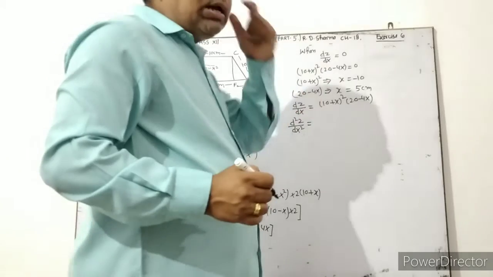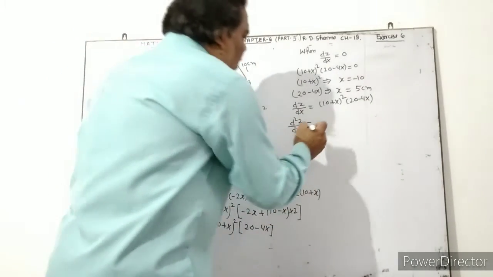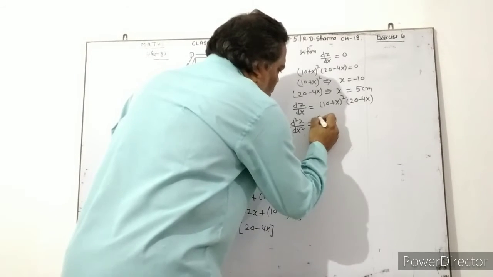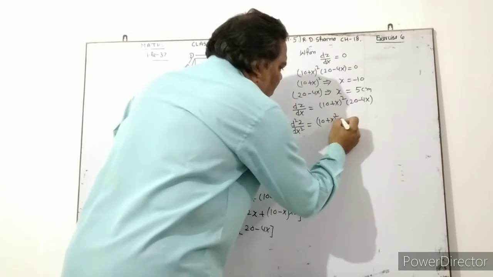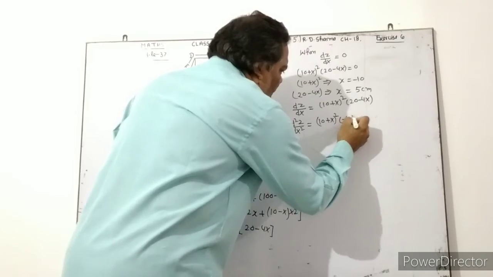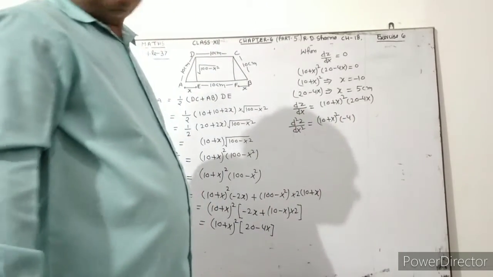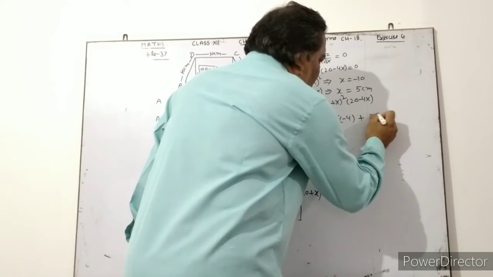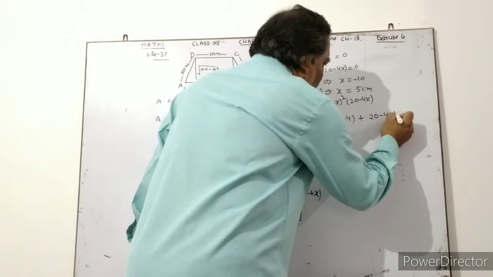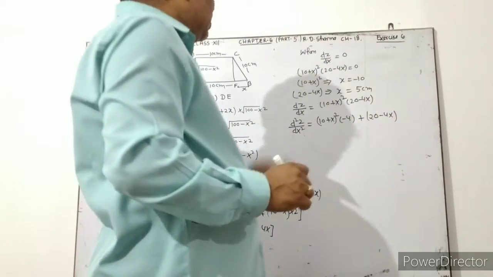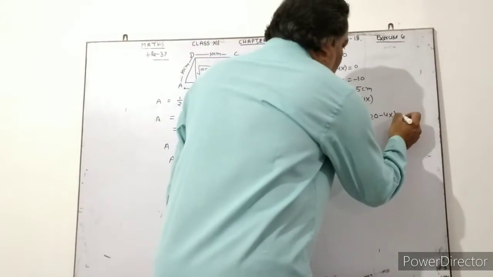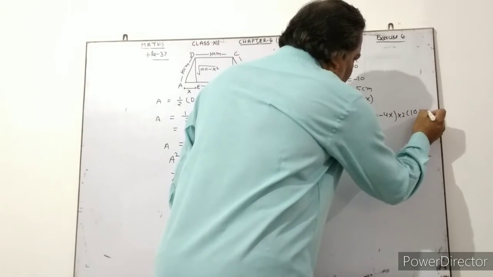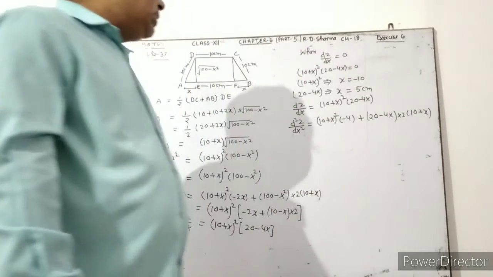First function, second differentiation: 10 plus x whole square, differentiation of the second, minus 4, plus 20 minus 4x into 2, 10 plus x.